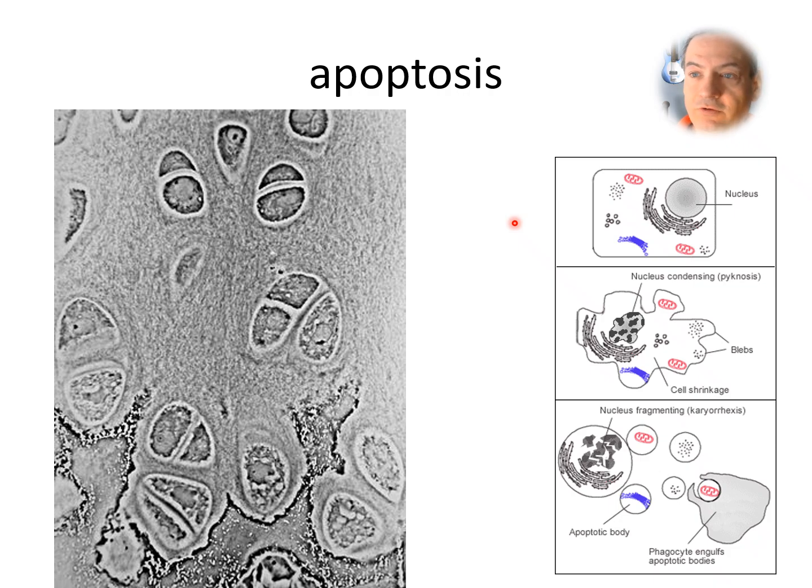Or if it's a viral invader, it could essentially spread viruses after the replication phase. So destroy the cell before things get bad. That's the general idea. And do it in a way that doesn't spread the toxin or spread the invaders. That's the whole concept of apoptosis.